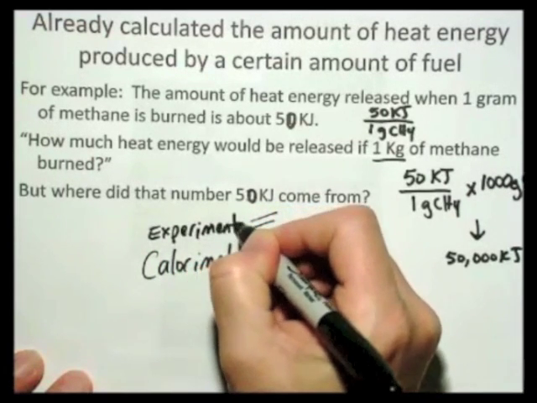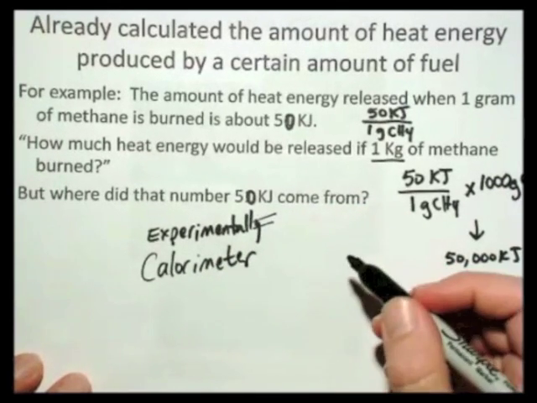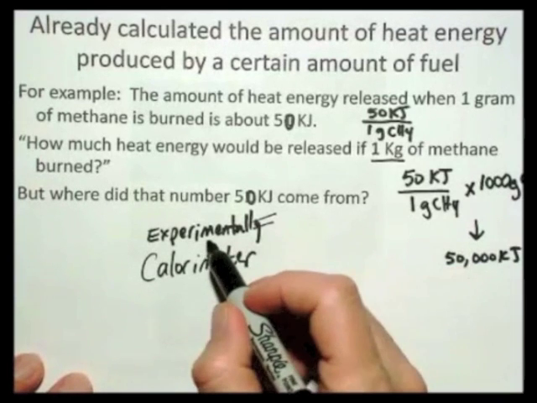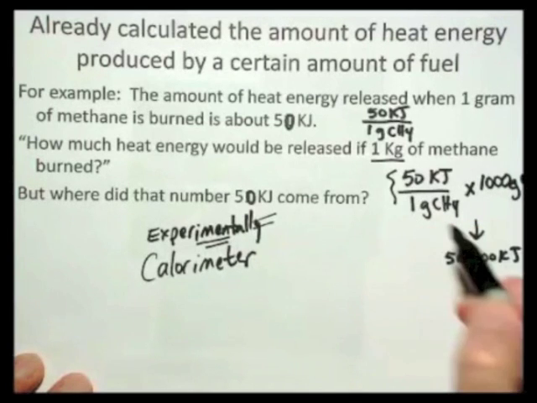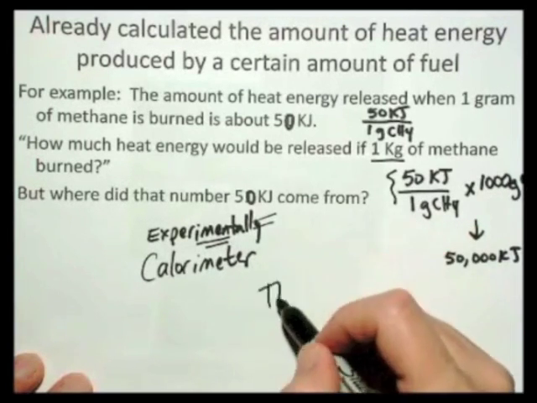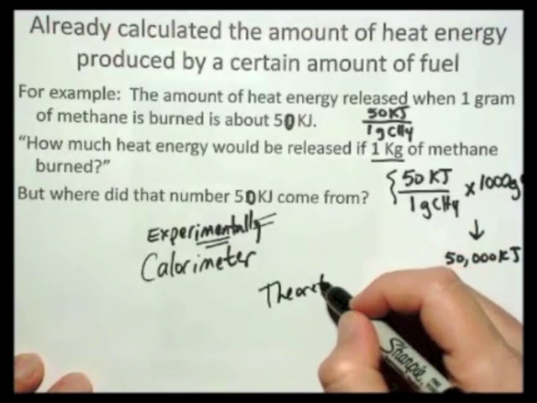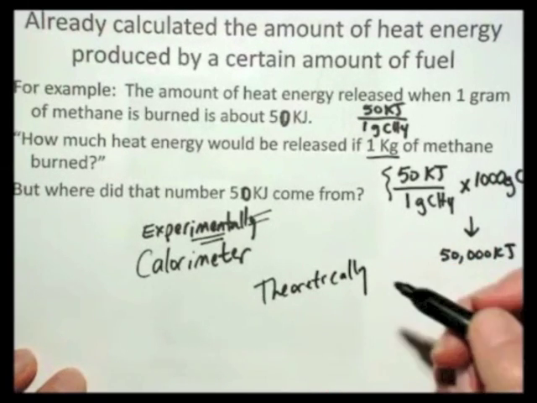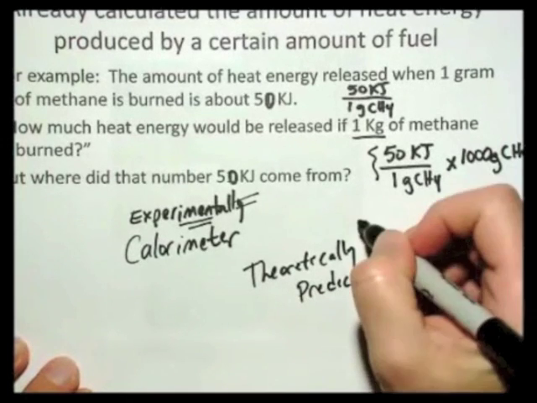Okay, we do an experiment. We burn a certain amount, we can calculate the amount of heat energy that is given off, so we can experimentally determine these types of relationships, but we can also theoretically predict these types of numbers as well.